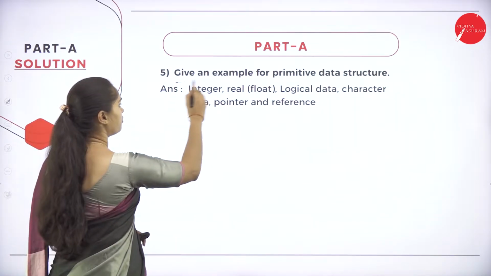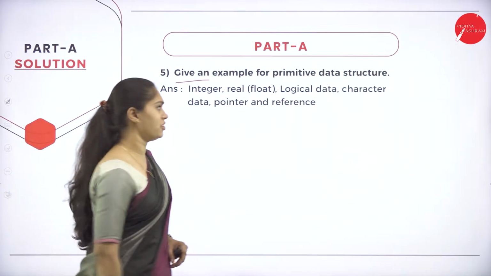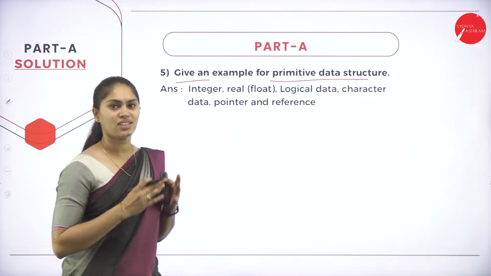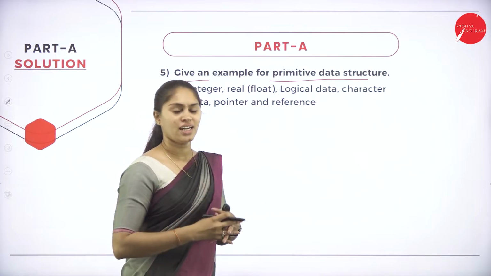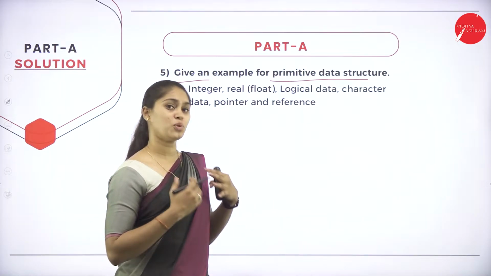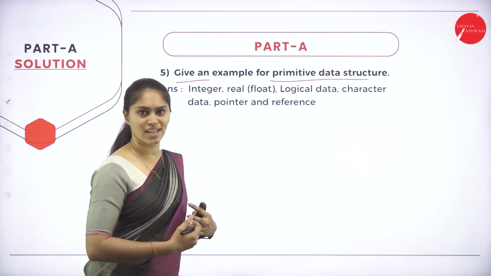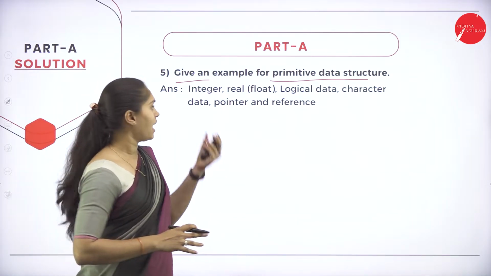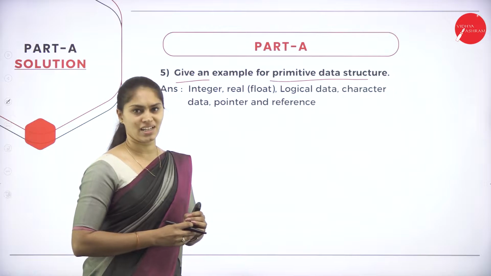We'll see question number 5. Give an example for primitive data structure. Already we know the classification of data structures, primitive and non-primitive. In non-primitive we have linear and non-linear. But what they are asking in question number 5 is to give any one example for primitive data structure.